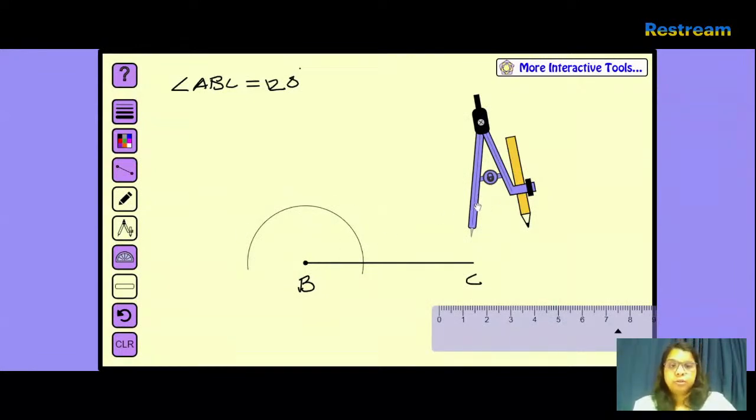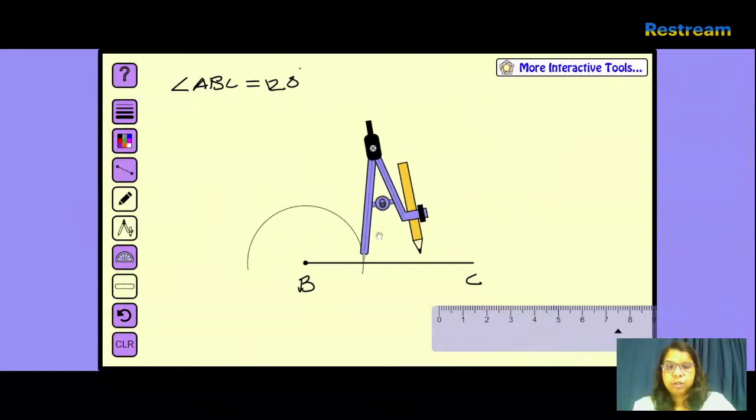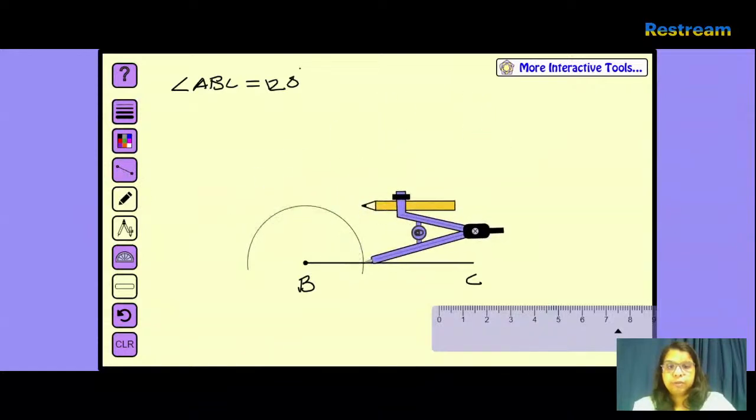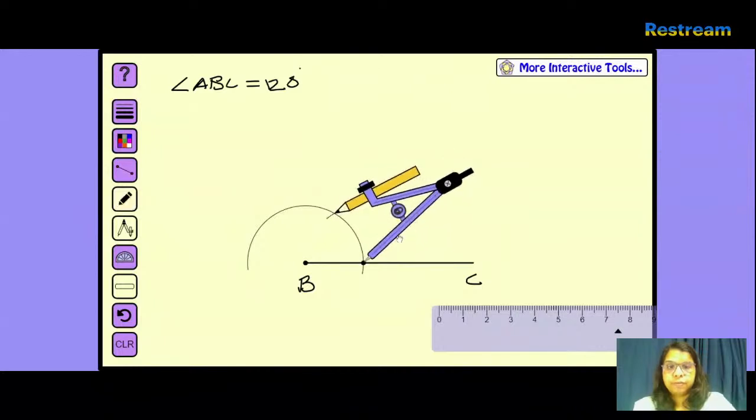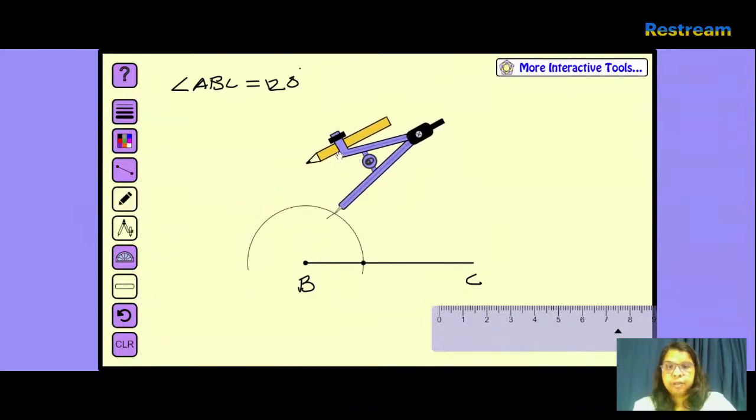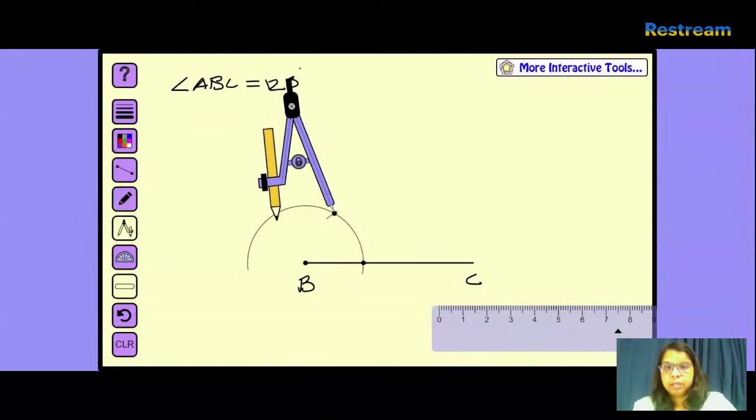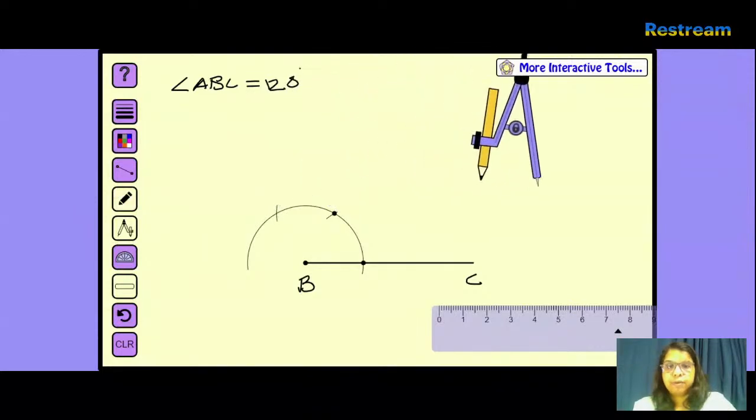So what we are going to do is draw the arcs again since those were erased. This is my 60 degrees. This is my 120 degrees.